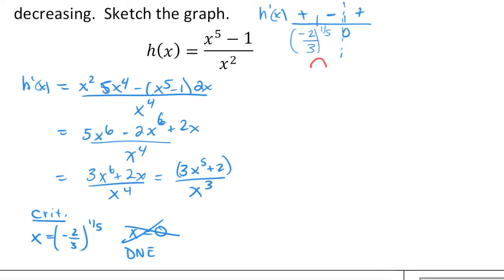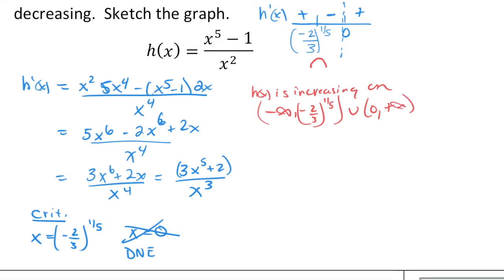What we know is that h of x is increasing on negative infinity to (-2/3)^(1/5), union 0 to positive infinity. We also know that h of x is decreasing on (-2/3)^(1/5) all the way to 0.